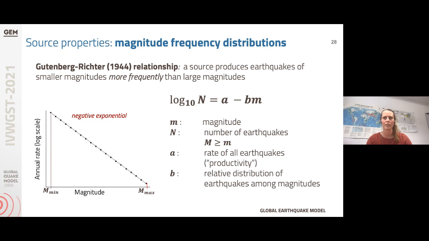The a value is indicating the rate of all earthquakes, or the productivity, and the b value is indicating the relationship, the relative distribution among the magnitudes. I'm also indicating on this plot a value of Mmin and Mmax, where Mmax is indicating the largest earthquake that a source can produce.